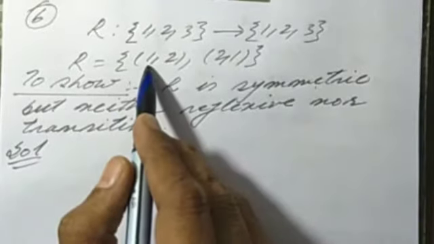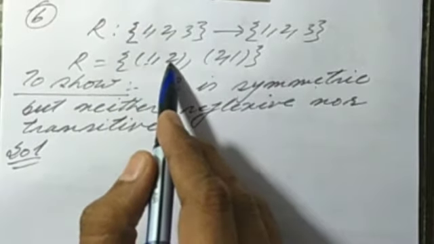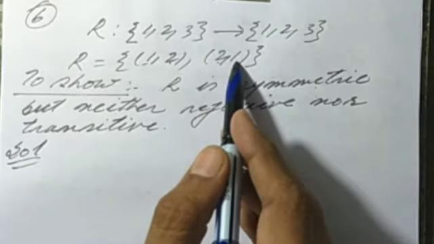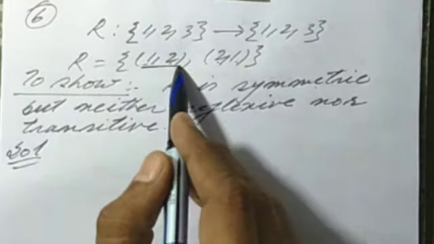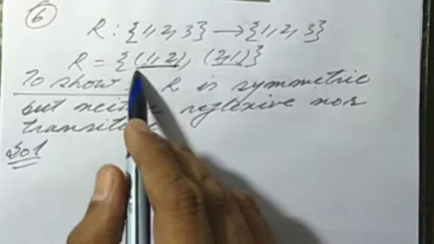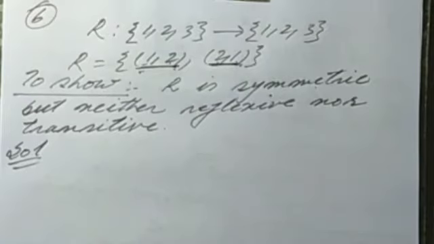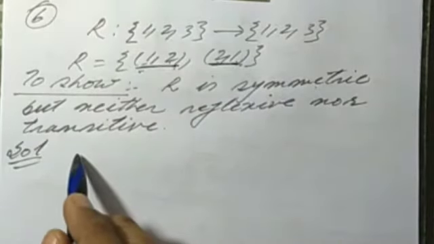So obviously there are only two elements in the relation, (1, 2) and the other is (2, 1). So the reverse of (1, 2) is (2, 1) and the reverse of (2, 1) is (1, 2). So we may say that each and every element of the relation R has its reverse in it.